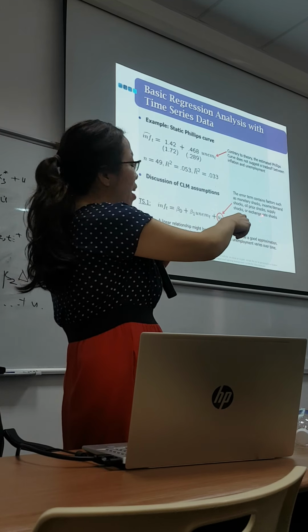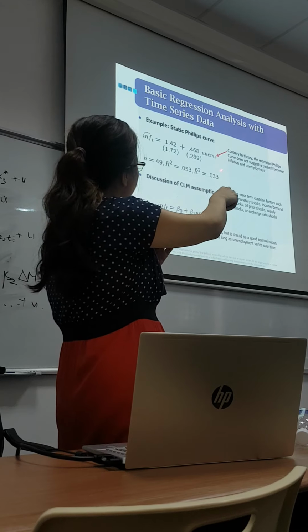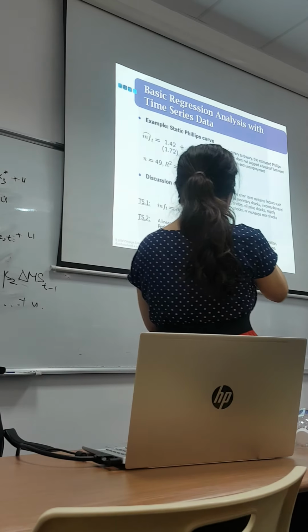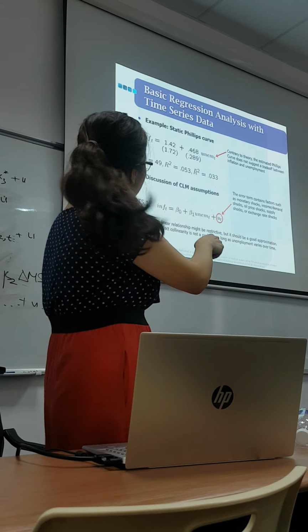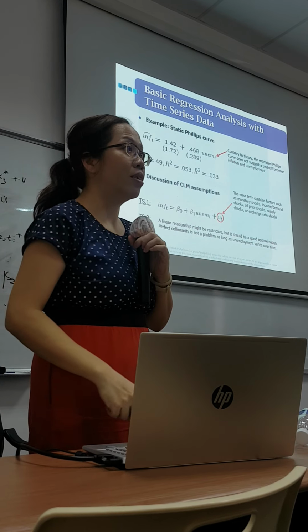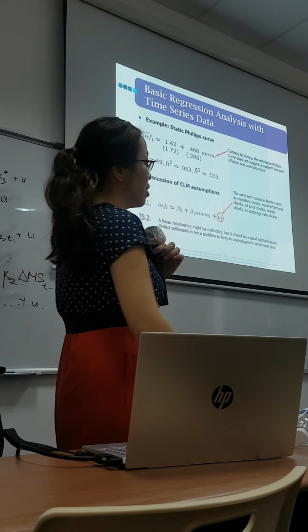You're gonna have many other things here. But anyway, if you just look at this, we're gonna compare this with the classical linear assumptions. I will show why time series can easily violate this.